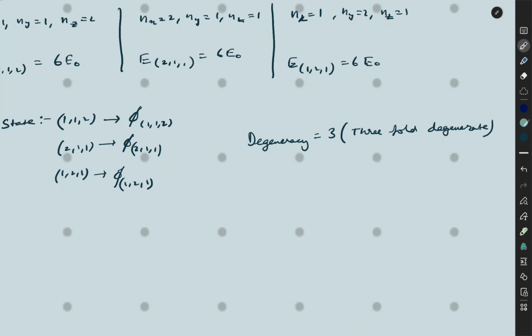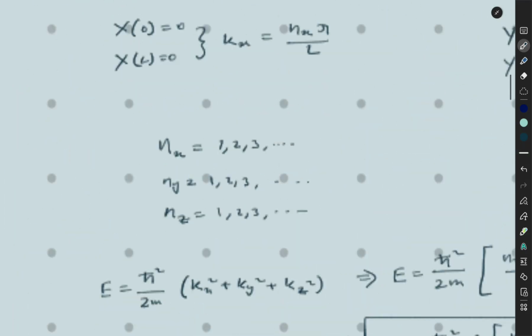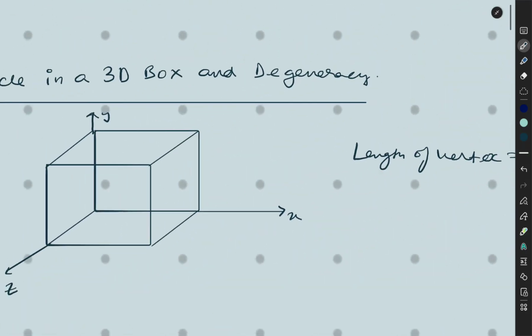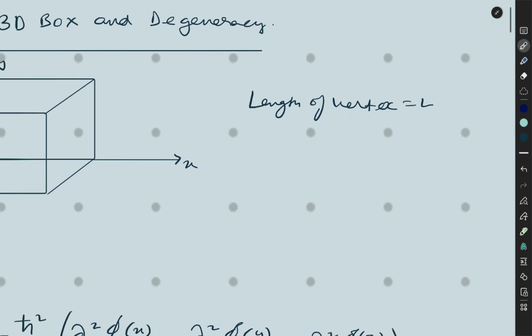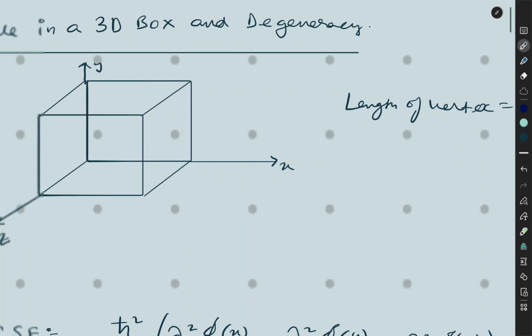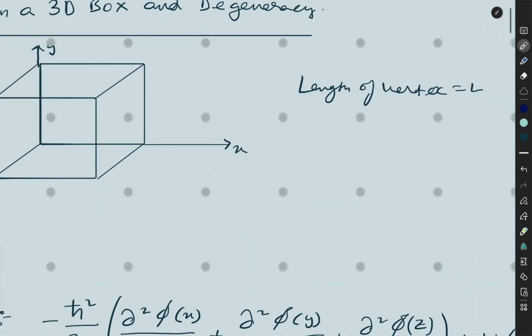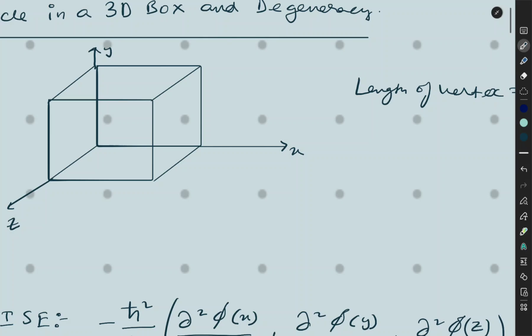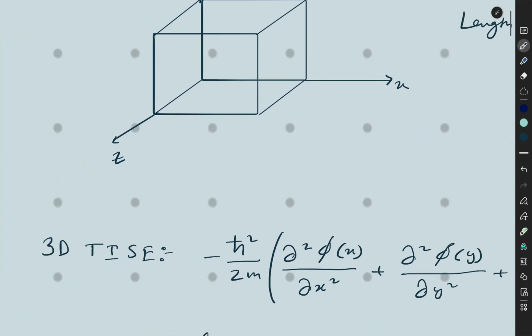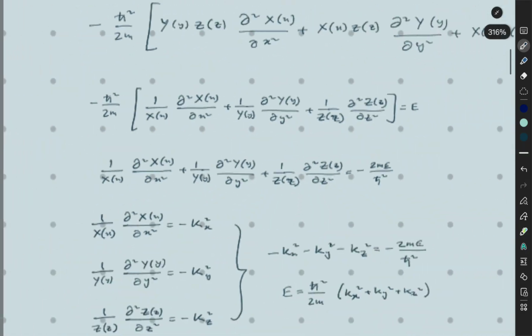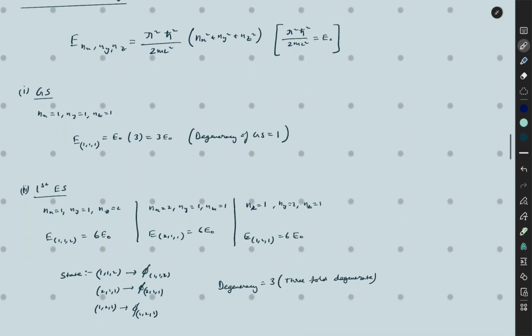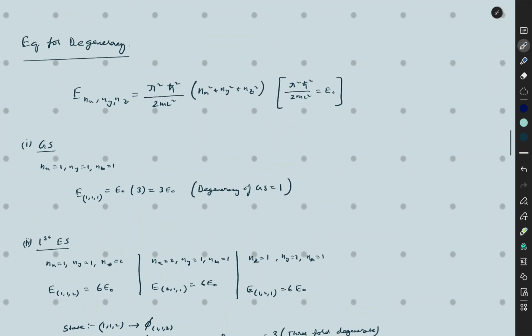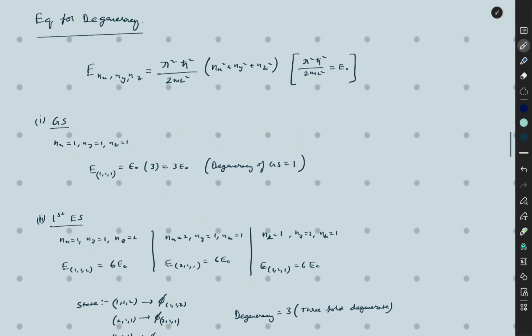One more thing that we need to take care about: what if the box that we have considered as cubical was not so? Let us suppose that the vertex length on the x-axis was Lx, the y-axis vertex length was Ly, and the z-axis vertex length was Lz. Where the difference would arrive is in the energy.